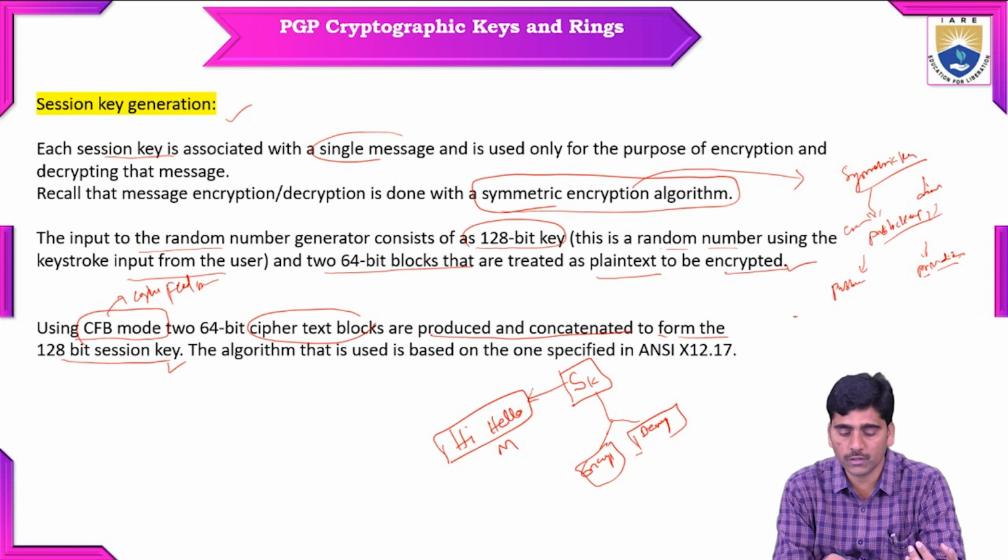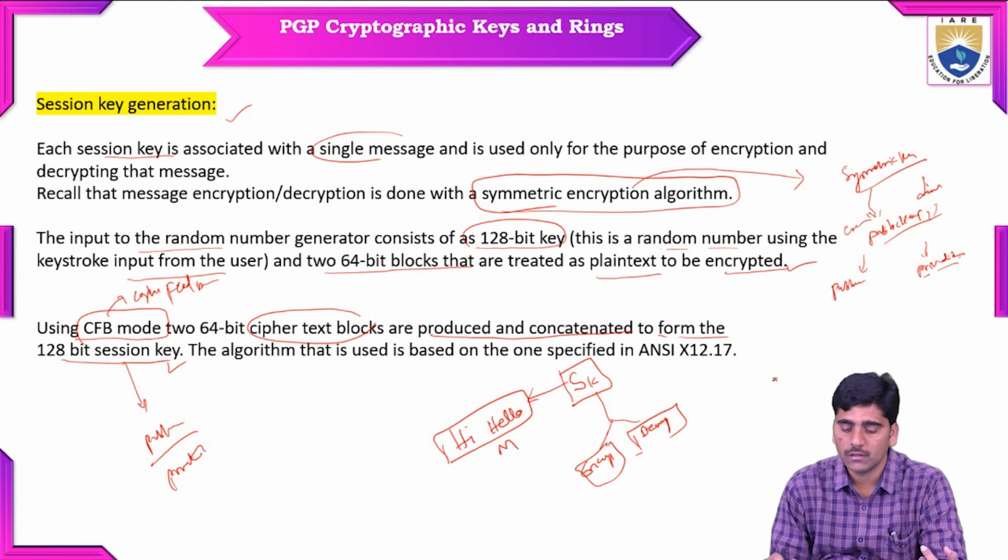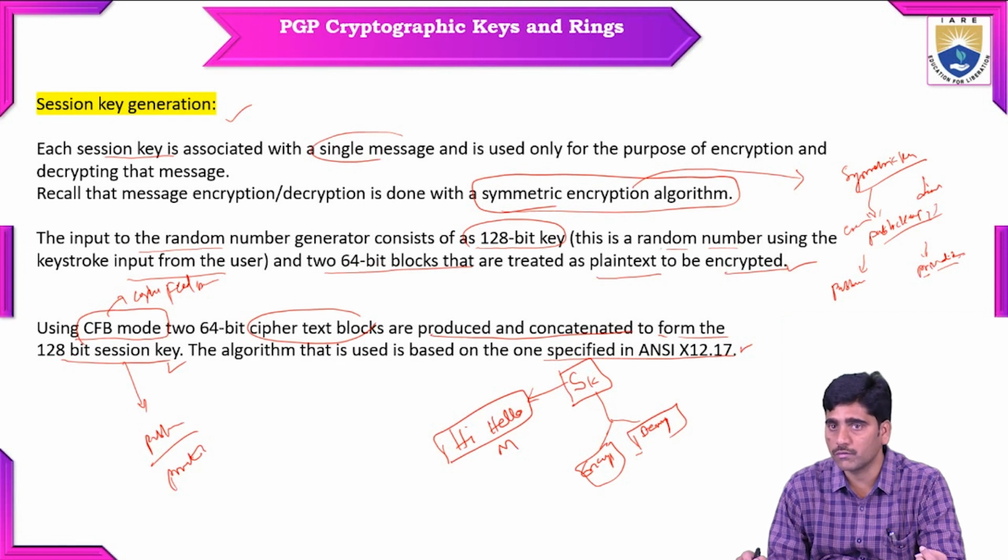So that is nothing but a 128-bit key. The algorithm that is used is based on the one specified in ANSI X12.17. So that is the standard the algorithm uses to generate all the keys.